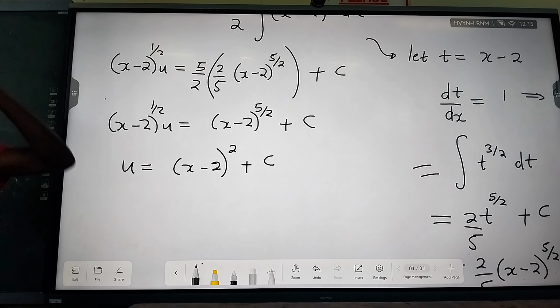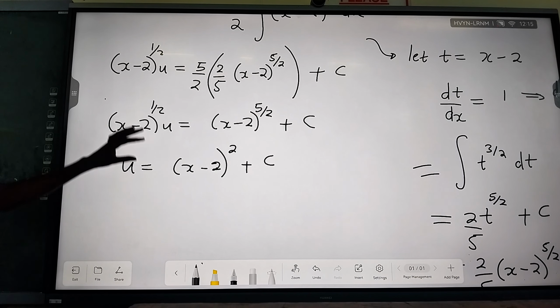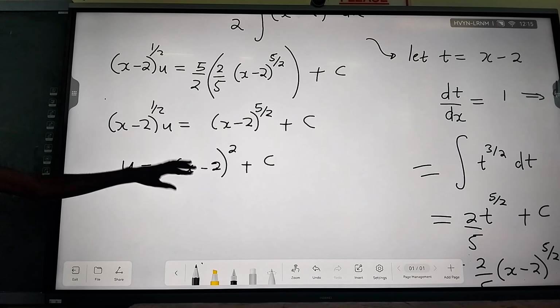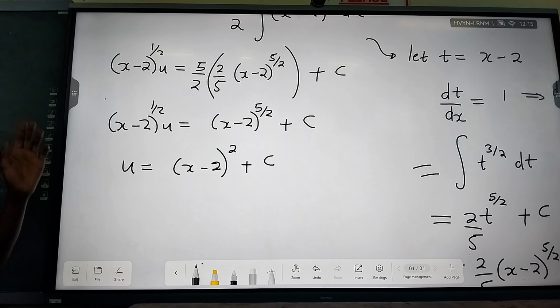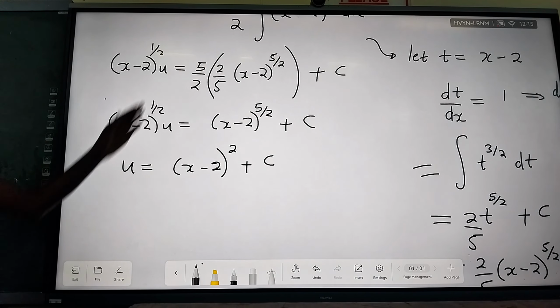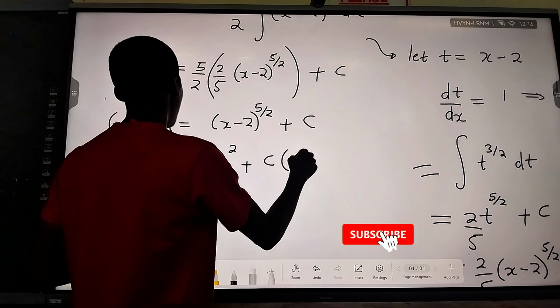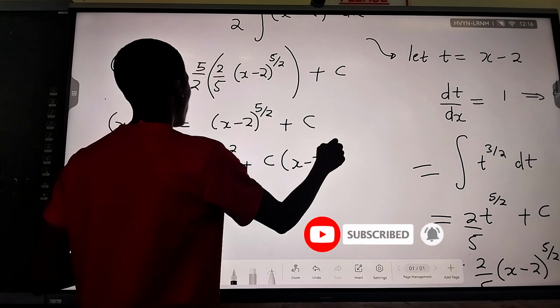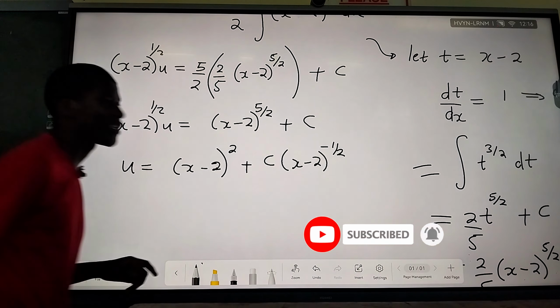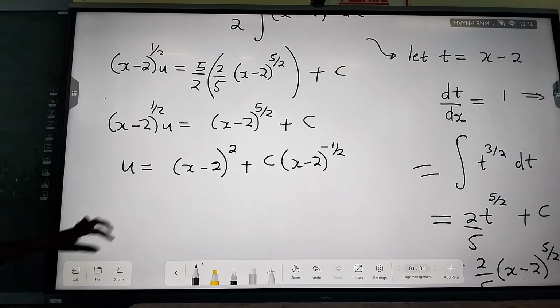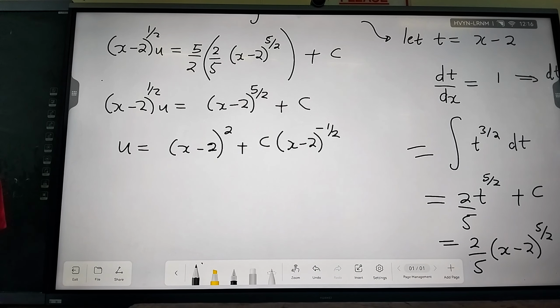Now u is x minus 2 squared plus c. You multiply a constant and you become c, then you divide by this, then x minus 2 to the power of minus 1 over 2. And then are we looking for u? No, we're actually looking for y. The whole point of the Bernoulli substitution was to do what?